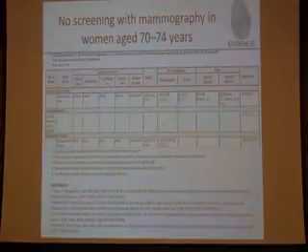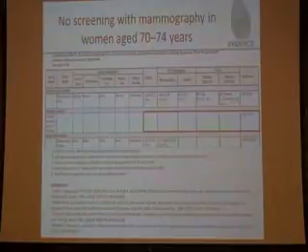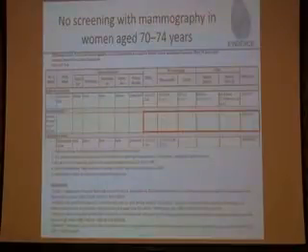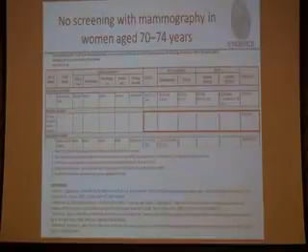Now, when it goes to mammography screening in women older than 74, the reason they recommended against is that there is no evidence about the effect on mortality. Breast cancer mortality can go one way or another. False positive, there's no evidence, but most of all, there is not one single study showing improved survival.